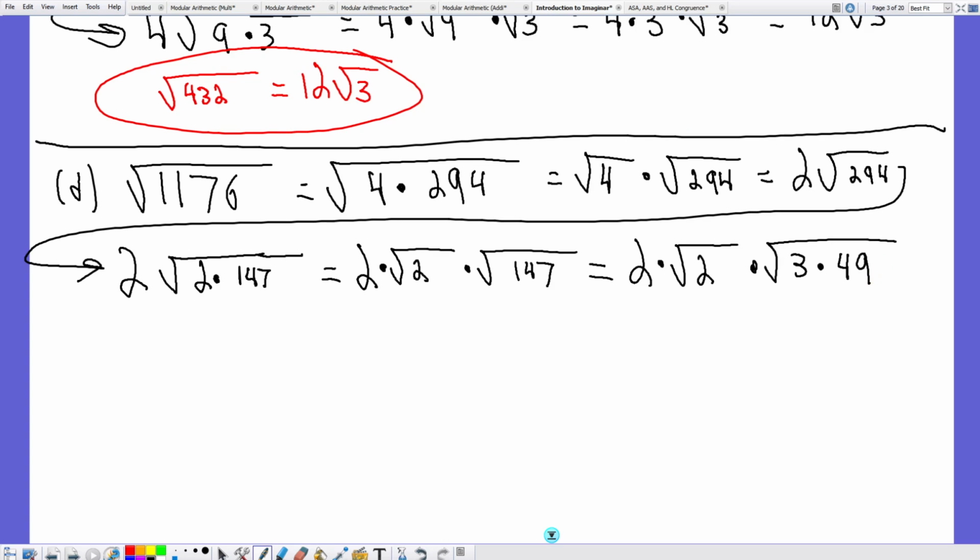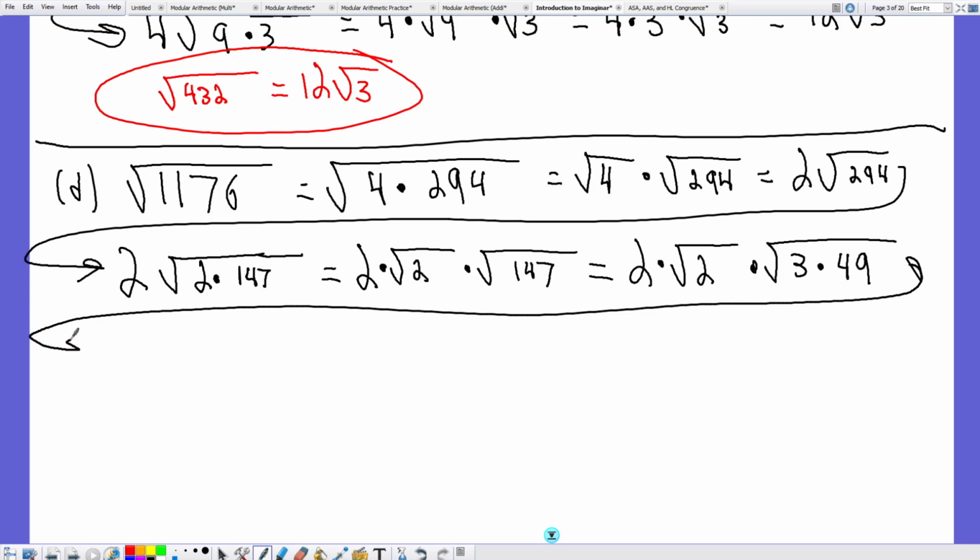Let's do it real quick. 147 divided by 3. Oh, wait, 147. Sorry. Yeah, it's 49. So, interesting. Hopefully the 49 pops out at us, and we can see that that is a perfect square.